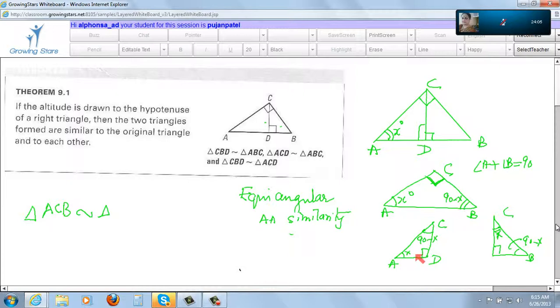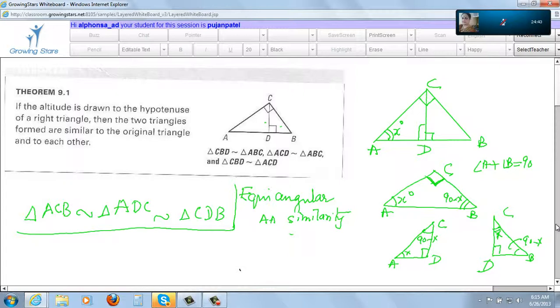ADC. Very good. Now the third one: CDB. This is how you write the similarity statement for all three triangles. If you know what the angles are, you won't go wrong in writing the order.